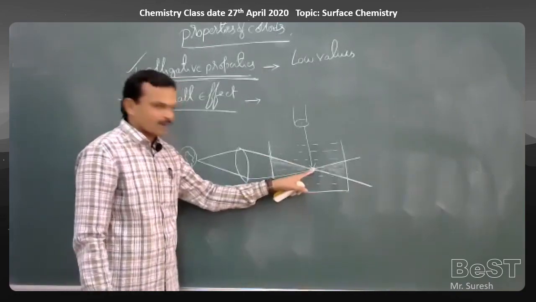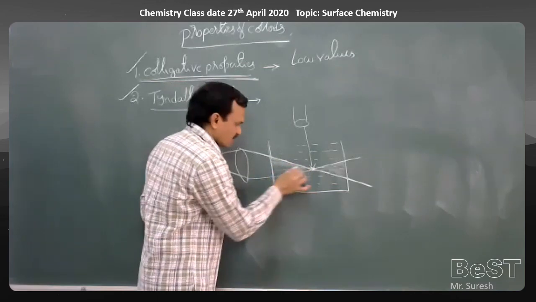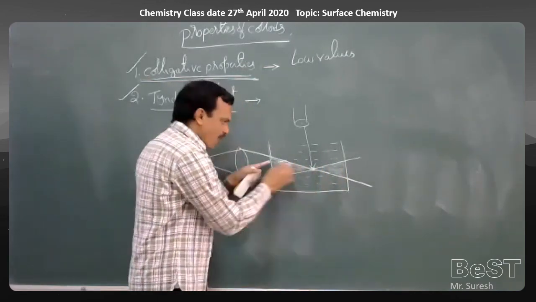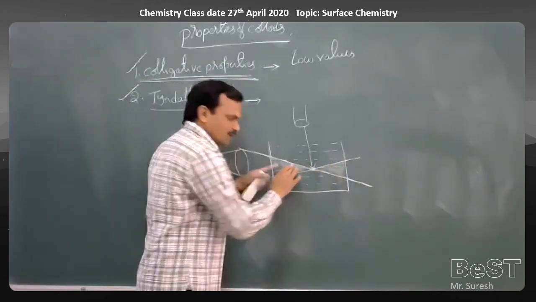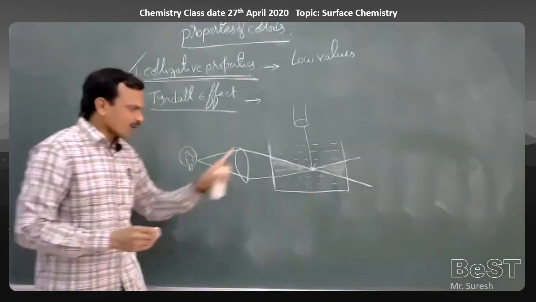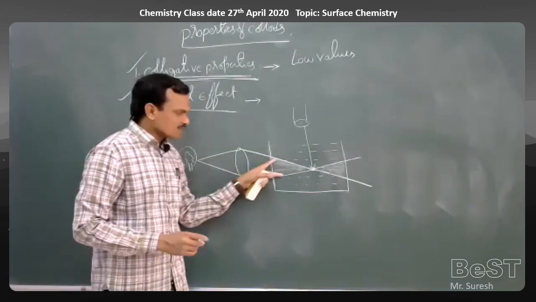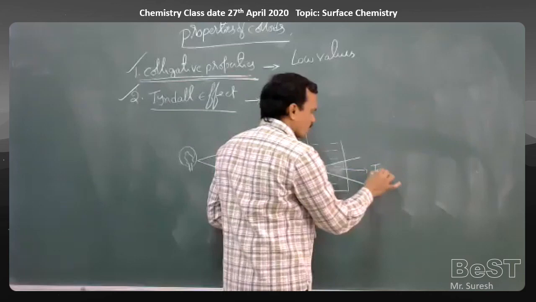We can observe these colloidal particles as bright stars, and the total path of the light gets illuminated while the rest remains dark. Why does this path get illuminated? This path gets illuminated because of the scattering of light by the colloidal particles present in the path. As a result, this path appears as a bright beam, and this is called a Tyndall cone.